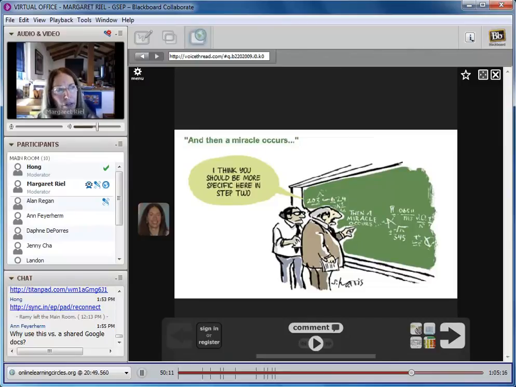About 50% over time will say that they get better help when I'm not there, which I don't take as an insult. I really think it's important that they learn from each other, and they know that.